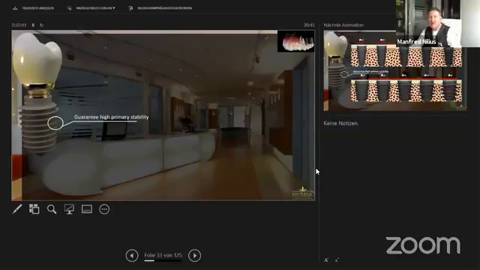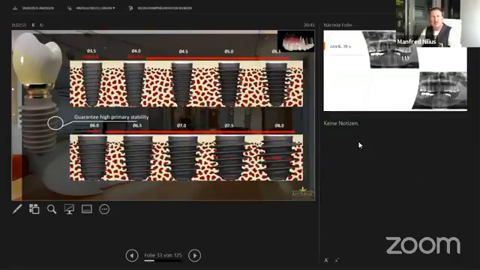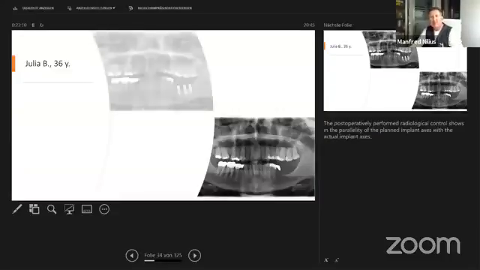And there are some good new inventions from Megagen, with a very small body and a big cutting edge thread that goes directly through the bone. Here you can see, according to the different D1 to D4 classifications, you can have a very small core on the right side, or a bigger core on this side with fewer cutting edges.